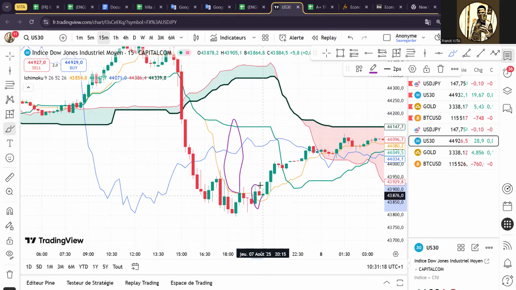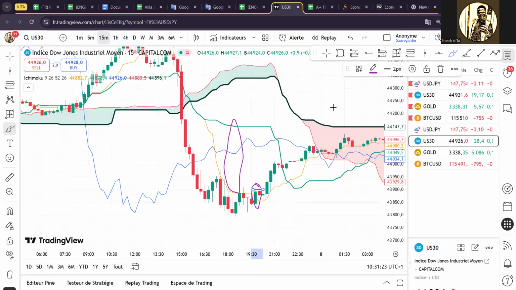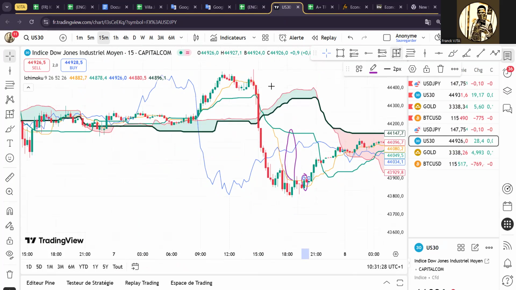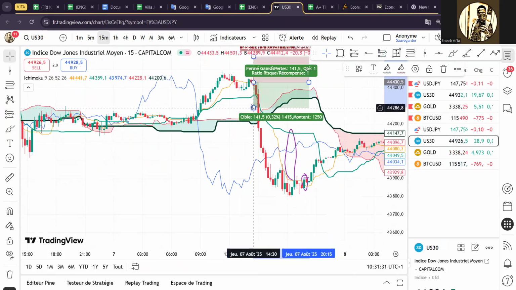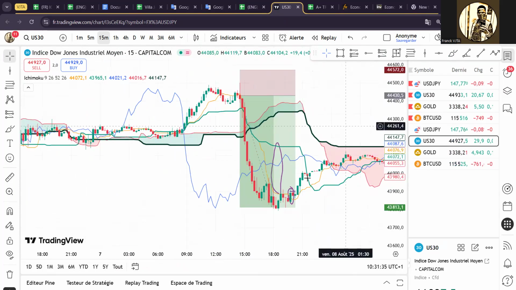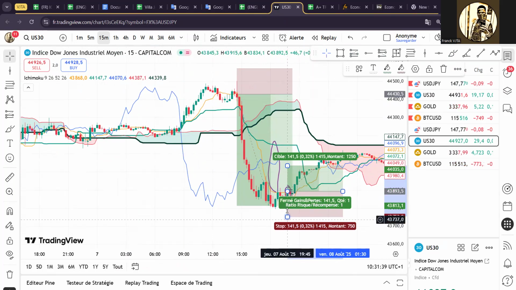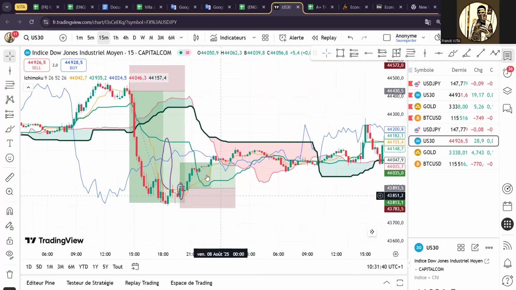Then this candle made a dunk, right? The Kobe dunk. It is a take profit if you went and sold from here down, just down there. And at the same time, it is an entry, a reversal entry.